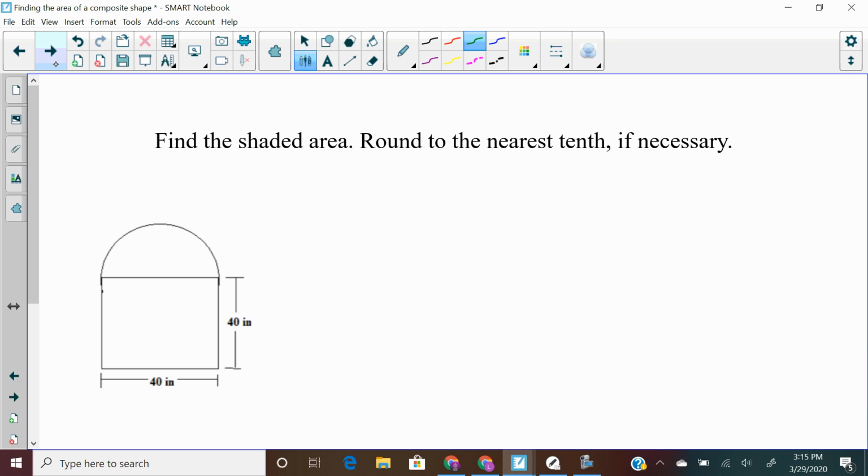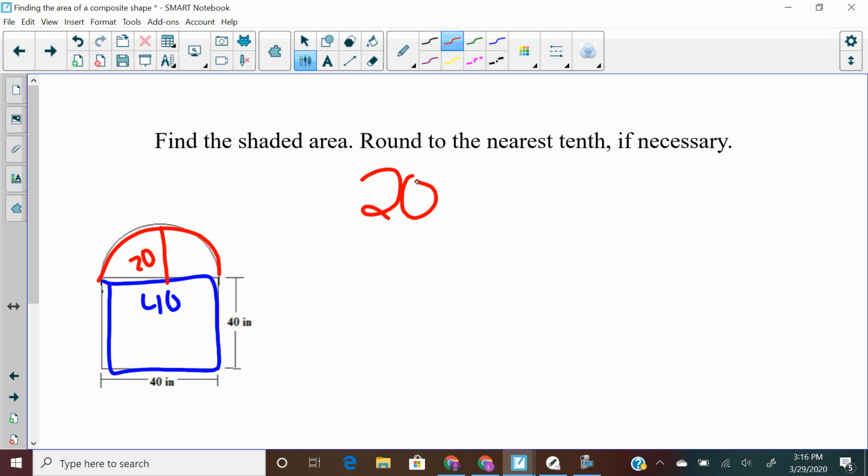My next shape is a semicircle, or half a circle, and a rectangle. Here's my rectangle. Remember, this is 40 as well. In my semicircle, the radius is half of 40, which is 20. To find the area of a circle, I do radius squared times pi. Since it's half a circle, I do radius squared times pi divided by 2. So I do 20 squared times 3.14, divided by 2.